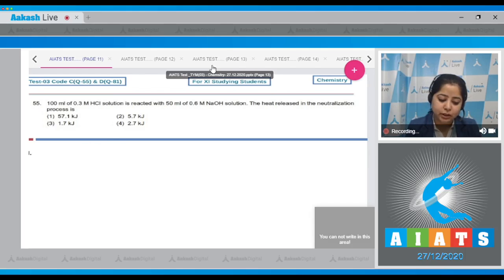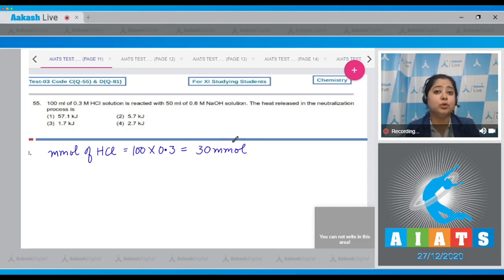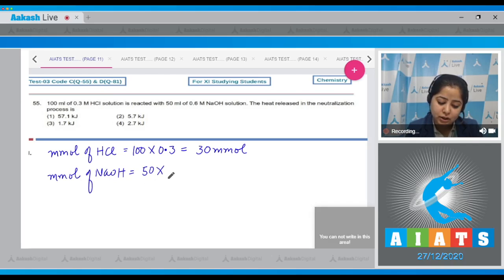So let's calculate millimoles of HCl first of all. Millimoles of HCl is equal to the volume given, which is 100, multiplied by the molarity, which is 0.3, which is 30 millimoles. Now let's calculate the millimoles of NaOH. So millimoles of NaOH is equal to 50 into 0.6, which is again 30 millimoles. Now students, let's calculate the heat released.